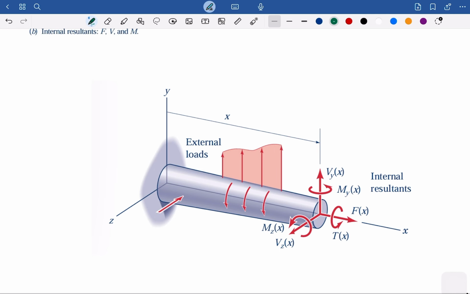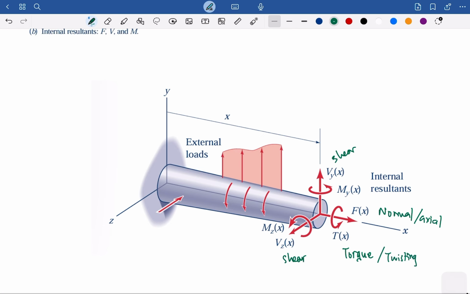So this is called the normal. Let me write here. This is the normal force or axial force. And this will be called the shear force, the V. And then the moment that is on the axis, which we call the T, this is we call the torque or twisting moment.